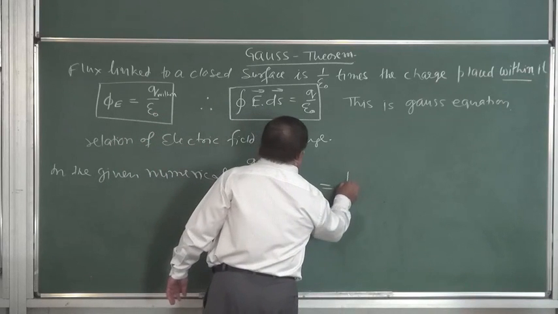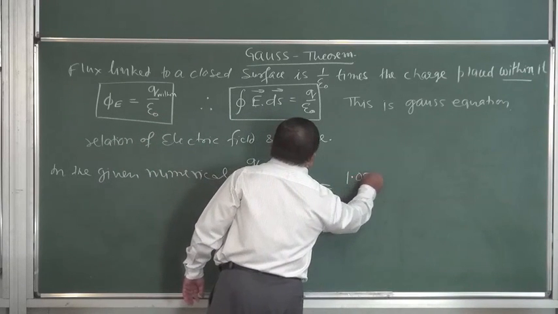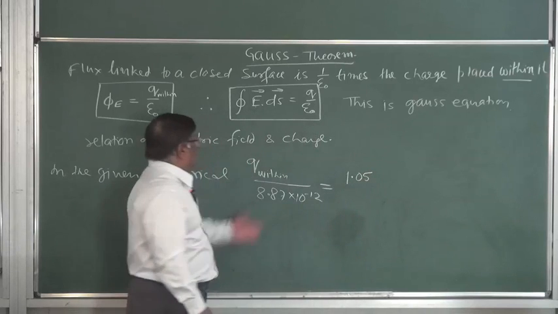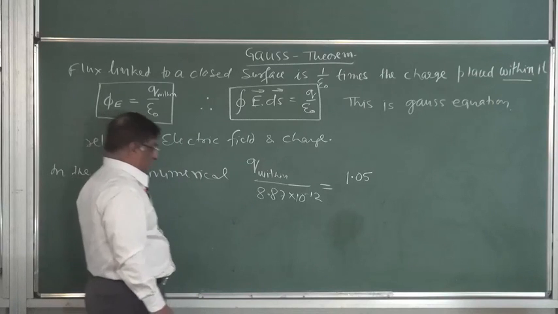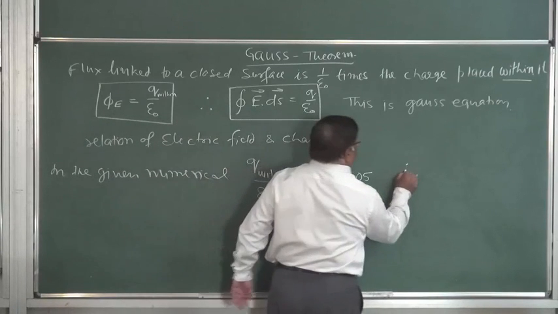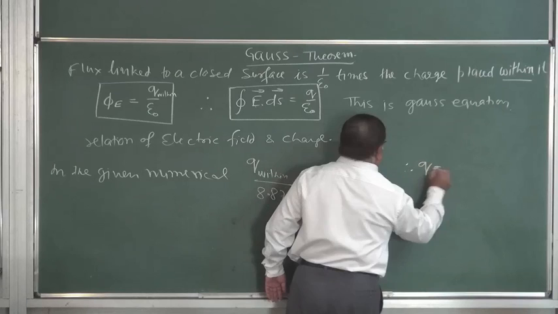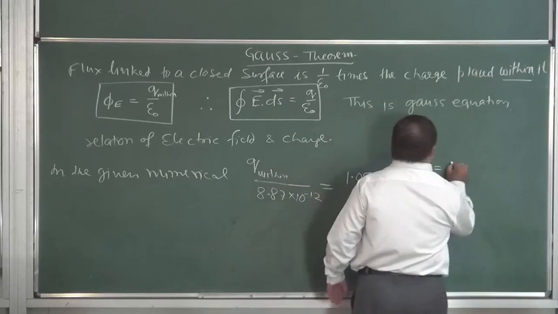So we write here 1.05. Now we have to calculate the value of Q. It's simply a transpose. So Q is equal to 1.05 multiplied by 8.87.